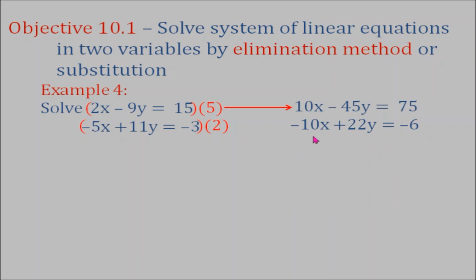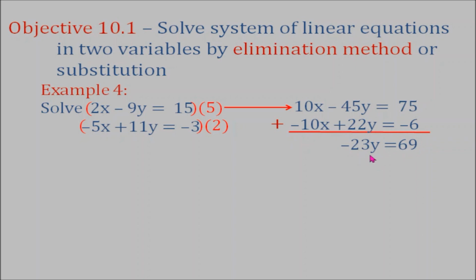Adding the two equations, x will be eliminated because 10x plus negative 10x is 0. Now, negative 45y plus 22y, that's negative 23y, and 75 plus negative 6 is 69.